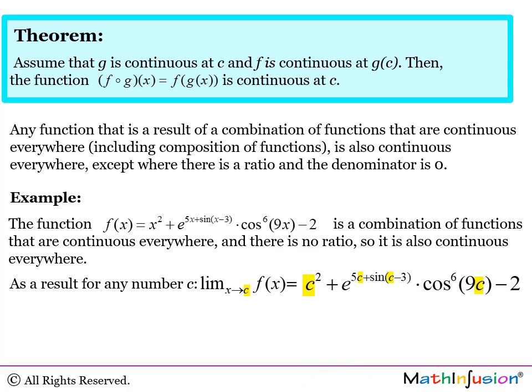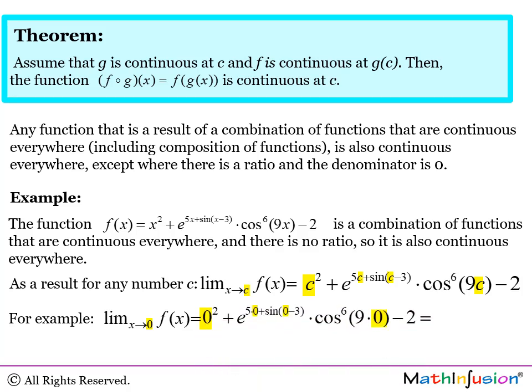Which means I can just substitute c instead of the x. So even though this is such a complicated function, we can easily find the limit of this function when x approaches 0. So I'm going to substitute 0 for x. And this is what I get. Please recall, cosine of 0 is 1.